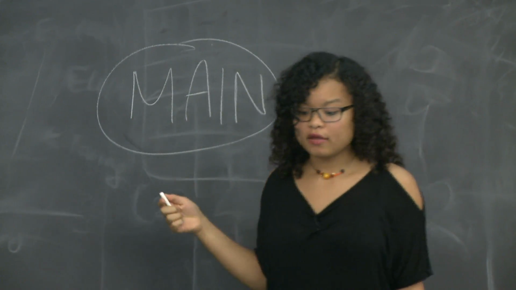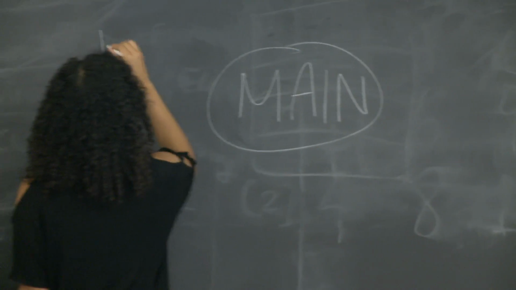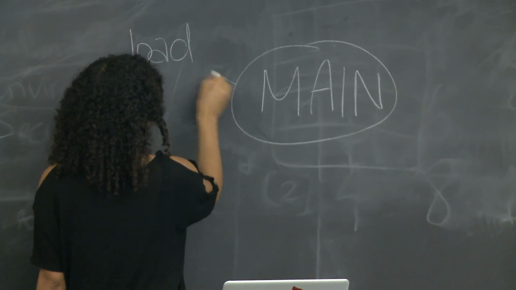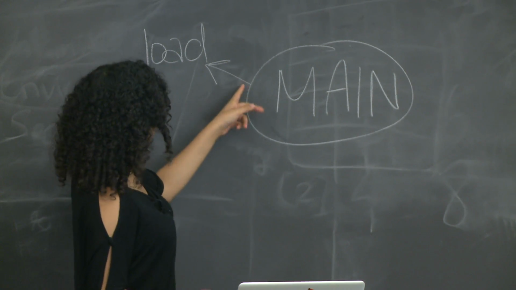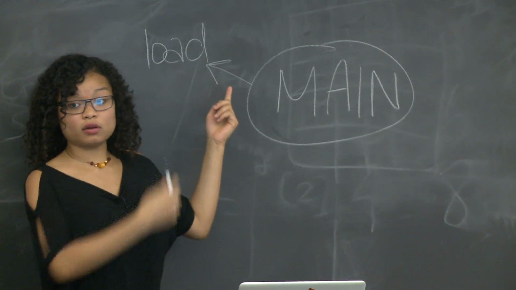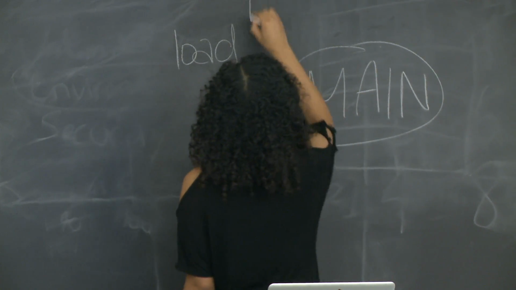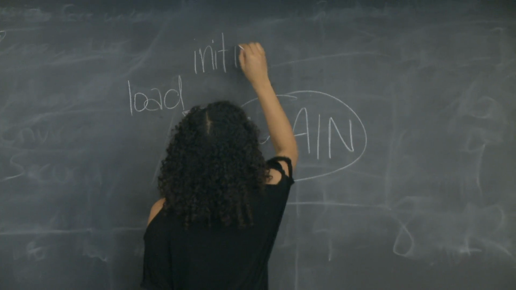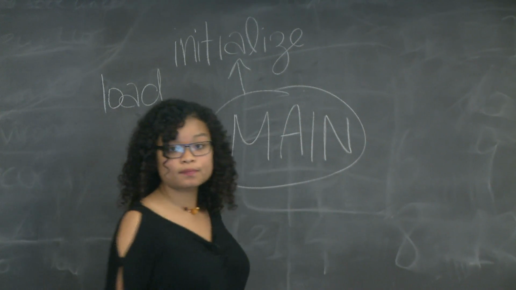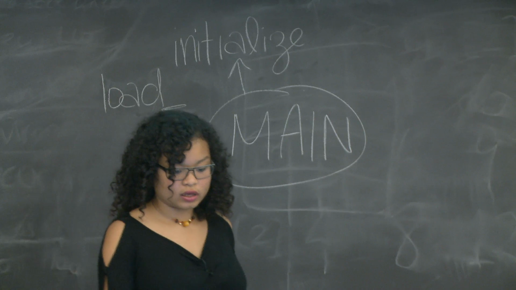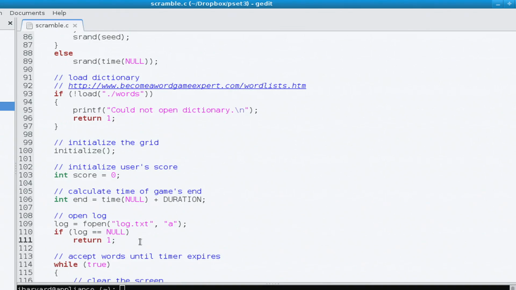our main function, right? And then I think the first thing that it does is it calls load. All right, so main calls load, but load is a void function, so what I do to indicate that is put a single arrow pointing to load because main calls it. Next thing is initialize. All right, so main calls initialize. If we look back into our main function, the next thing that it does is clear, and then it has draw.